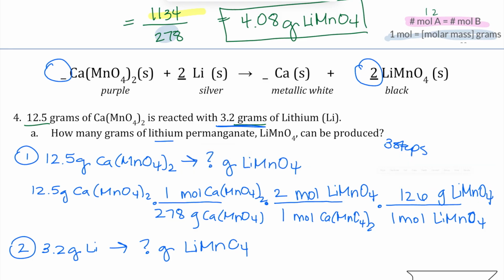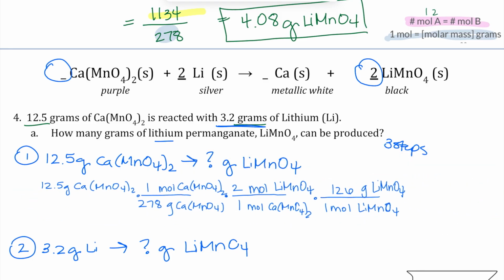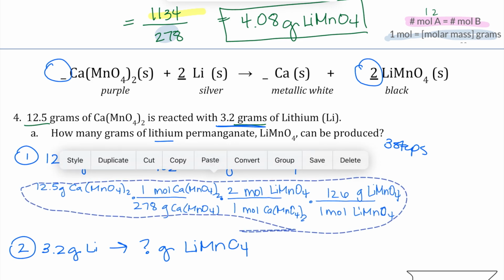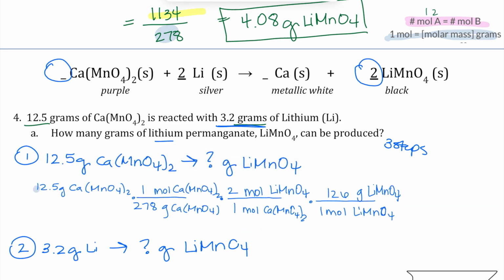Then I'm going to go to my calculator and punch that in. So I'm doing 12.5 times 1 times 2 times 126. And then I need to divide by everything on the denominator.